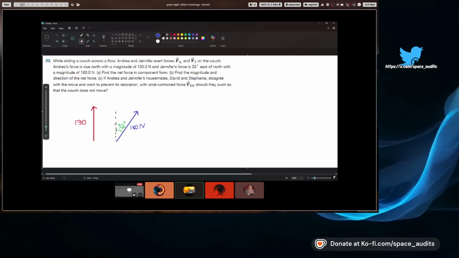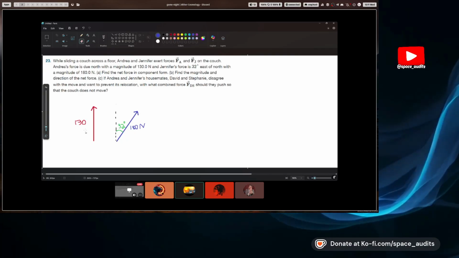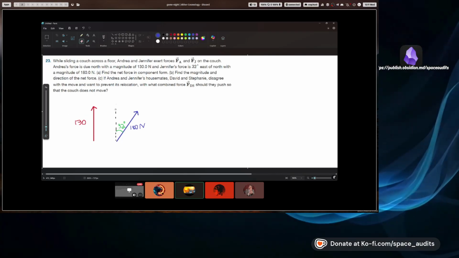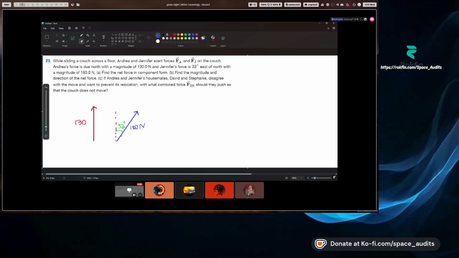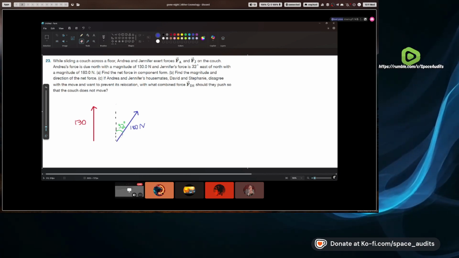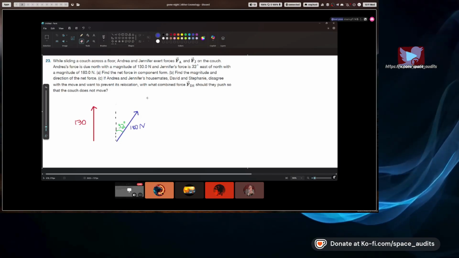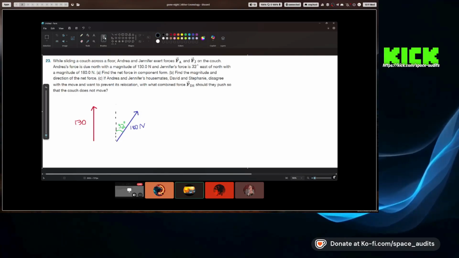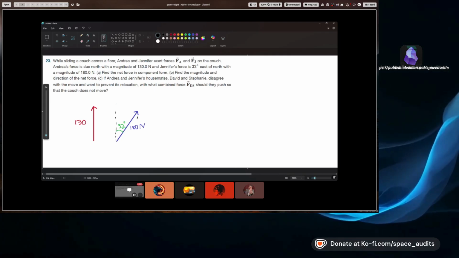Since this is a two-dimensional problem, our major axes are the x and y axis. The first force is just straight along the y axis, so that's easy. It's just 130 in the y direction. But this one is a little different because it is in some arbitrary direction, 32 degrees east of north.